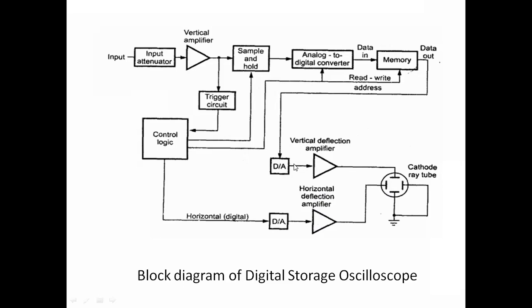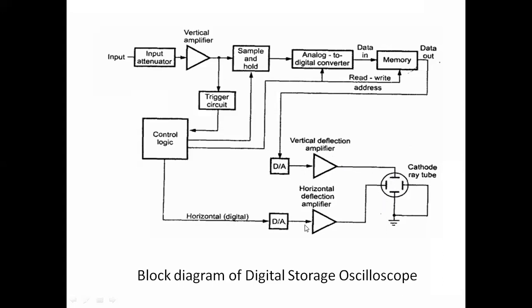So after conversion of the digital data into analog form, the analog signals are amplified and applied to the vertical deflection plates. From the horizontal side, the converted analog signal is amplified by the horizontal deflection amplifier and applied to the horizontal deflection plates. Like this, it produces the signal.